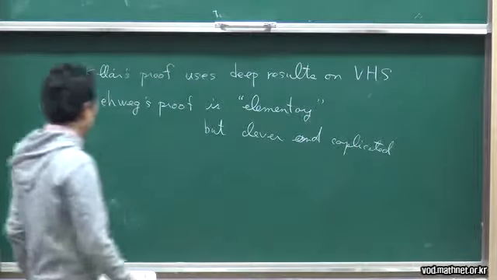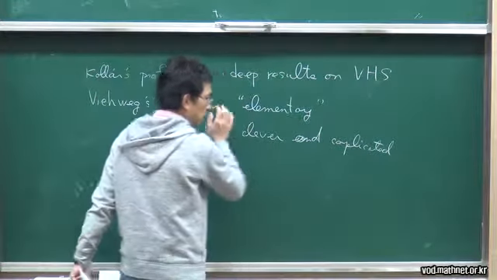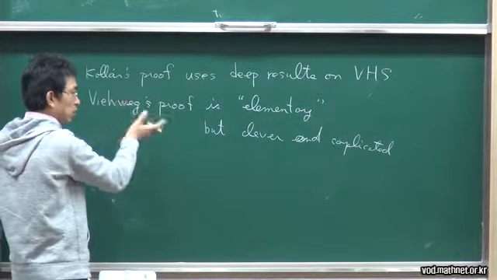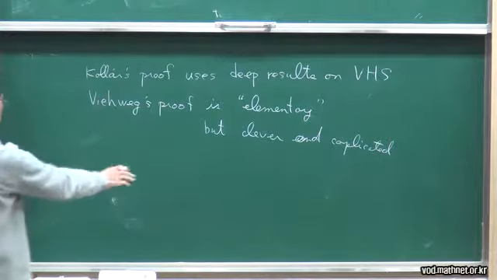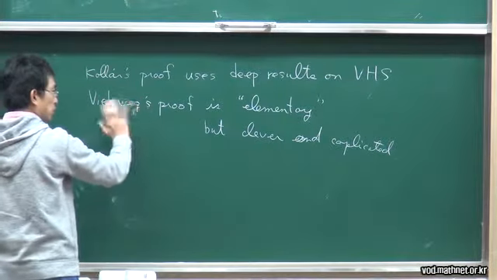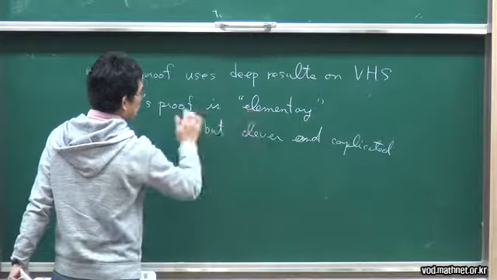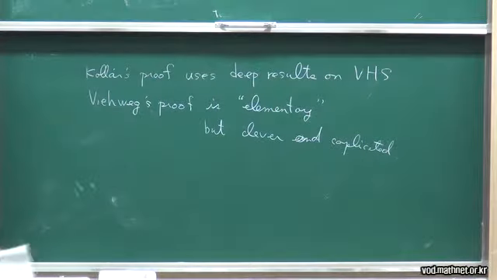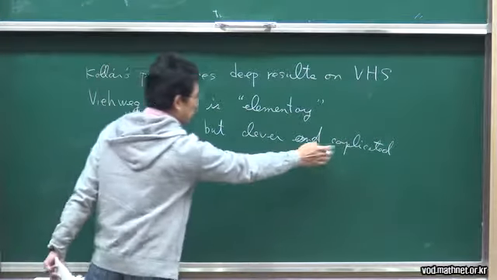He doesn't use deep results on variation of Hodge structure. Here he used his theory of weak positivity and so on. I think his proof is elementary, much more elementary than Kollár's proof. But his proof is always very clever and complicated.